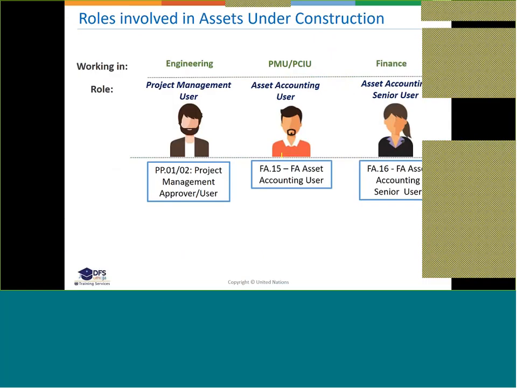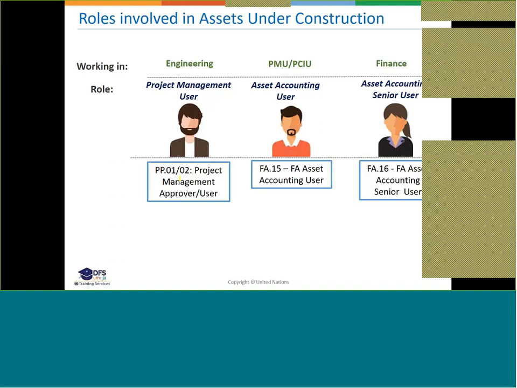First of all, let me discuss what users are involved in the end-to-end process for assets under construction. I'm listing here the three that are involved somehow. You have project management users, roles PP01 and PP02, and this is the role that will help you to create a project in the system.